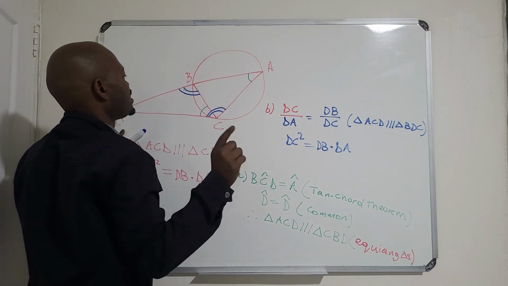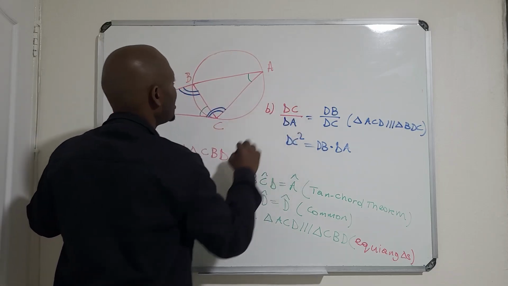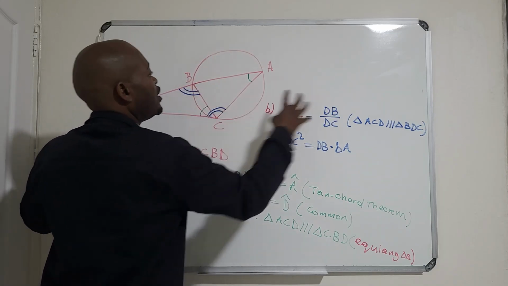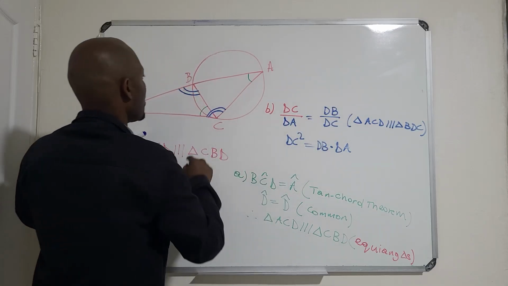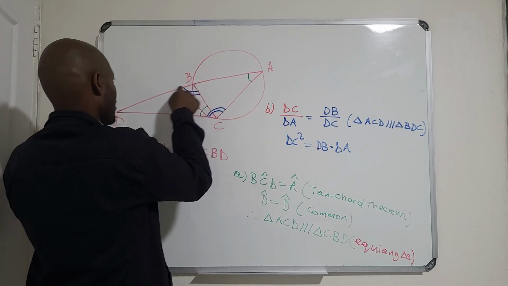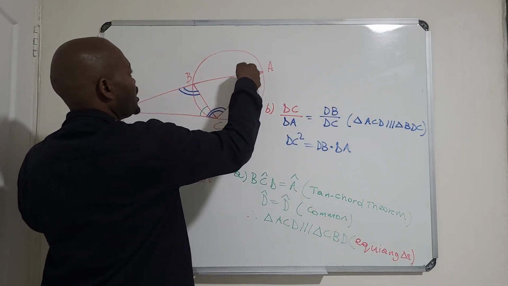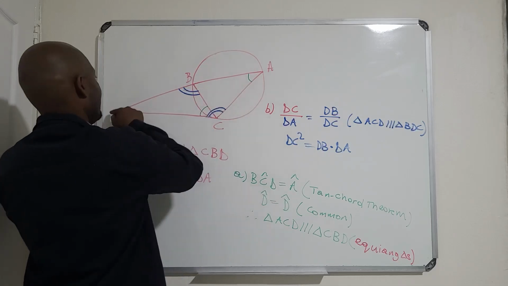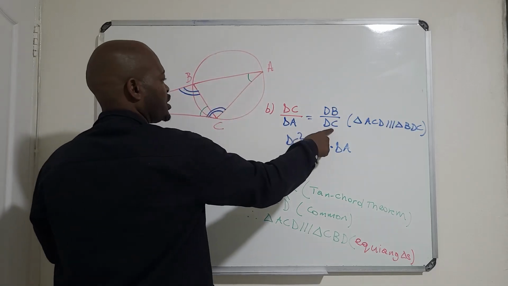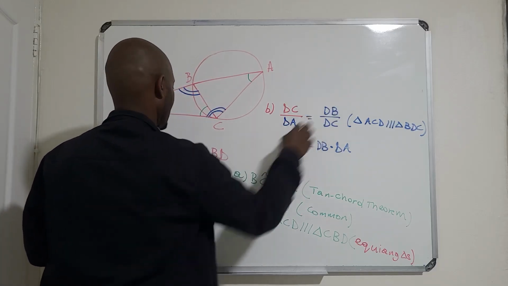If we started in this triangle with this side, we also need to start in this triangle for that side. That is why in this triangle, this angle is opposite there. That is why we've got BD over this side, which in this triangle is subtended by that. That is why we've got DC. Therefore, we can cross multiply and prove that.